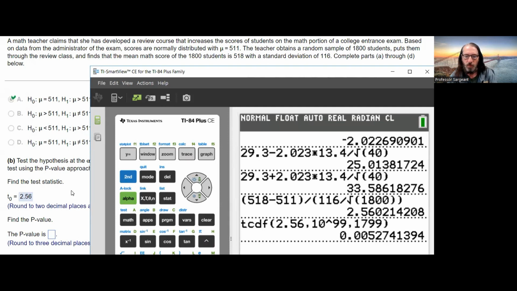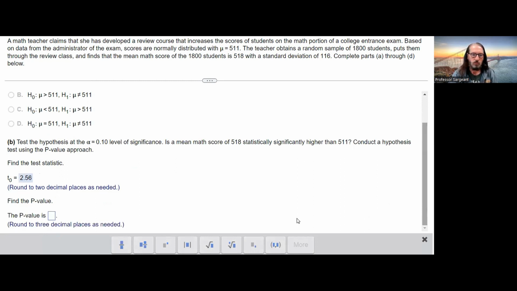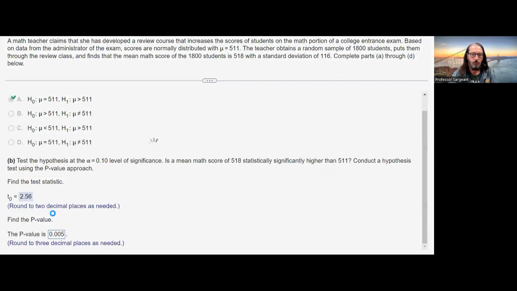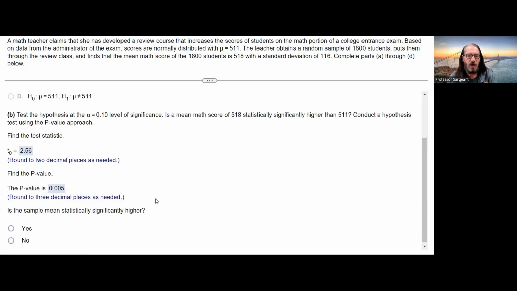And this is what we're coming up with, a probability, which to three places would round down to 5 thousandths, 0.005. And that 5 1,000ths is less than 0.10.